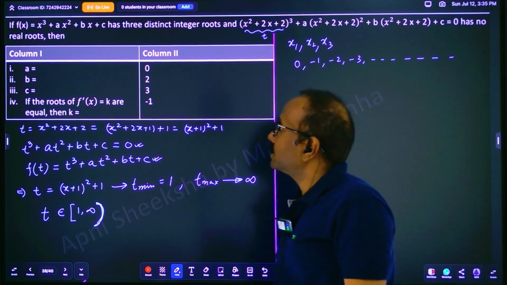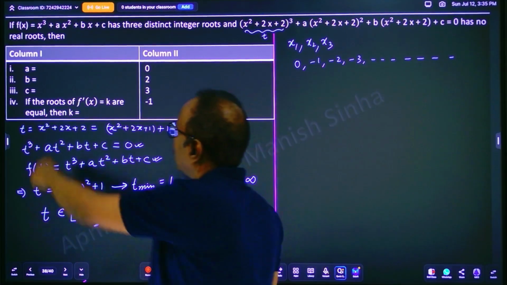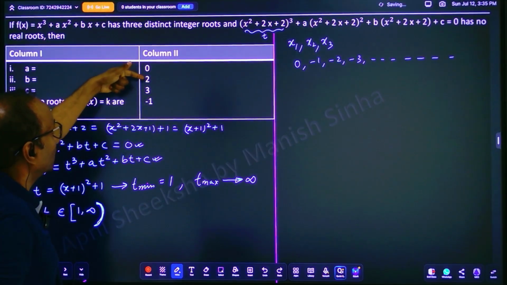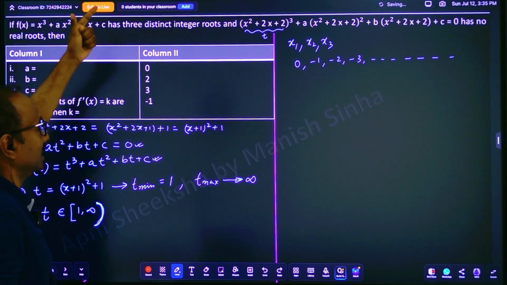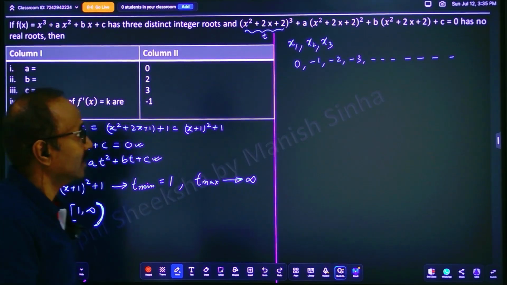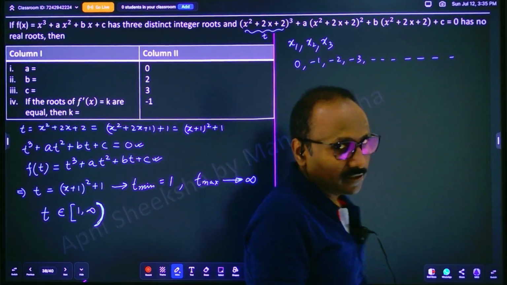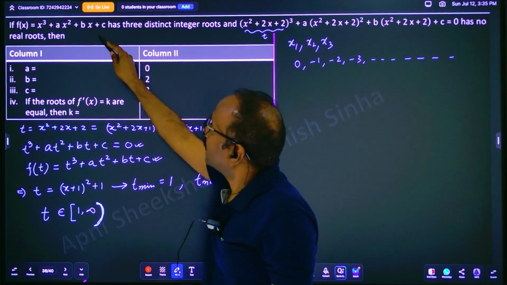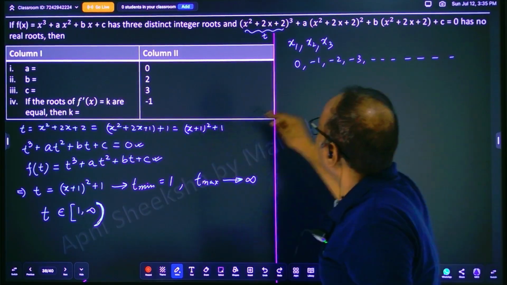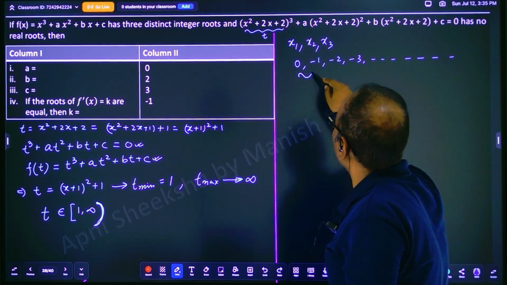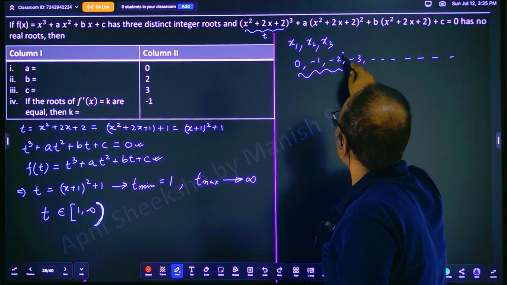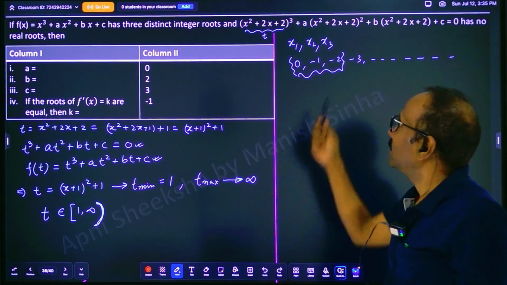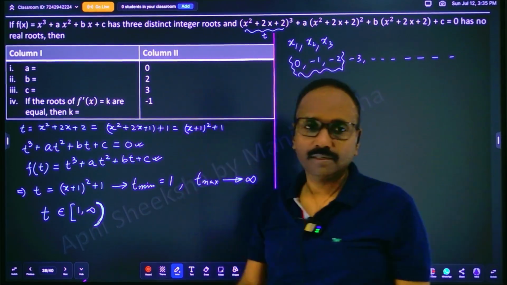But in your question, what options are given for a? 0, 2, 3, minus 1, right? So we can say that this equation is having 3 roots, and let us say those are 0, minus 1 and minus 2, to match with this.